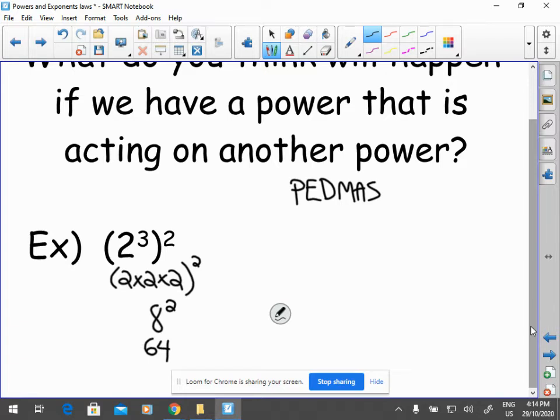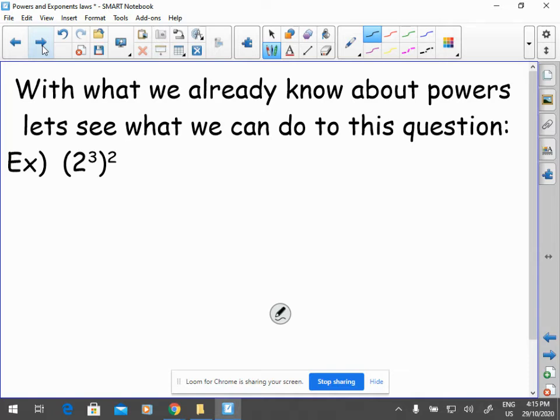Now, to make it Math 9, what is the other way that we could simplify this equation before solving? So the first one is still 2 times 2 times 2.